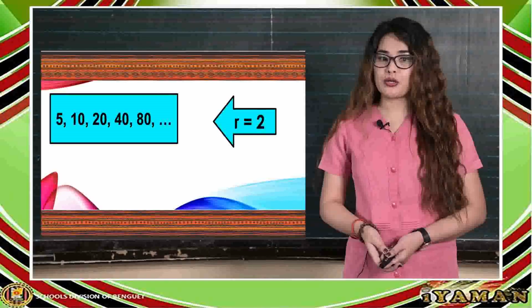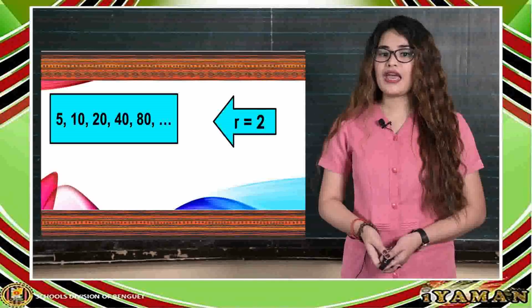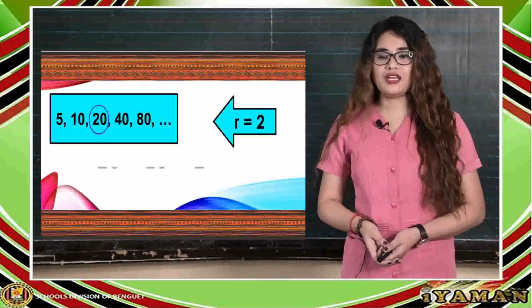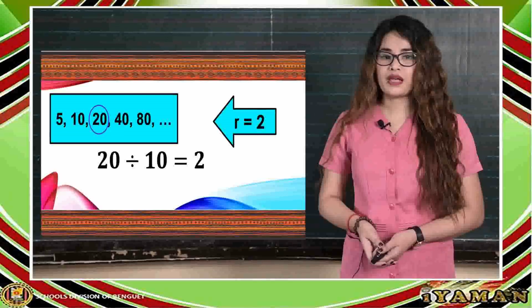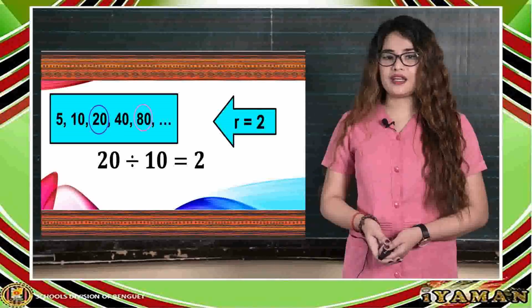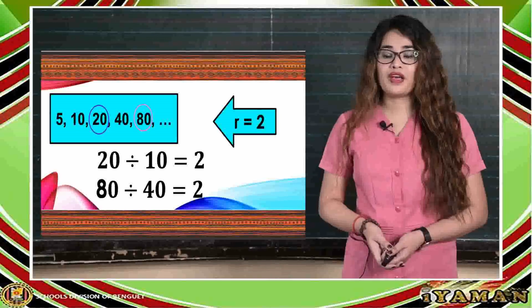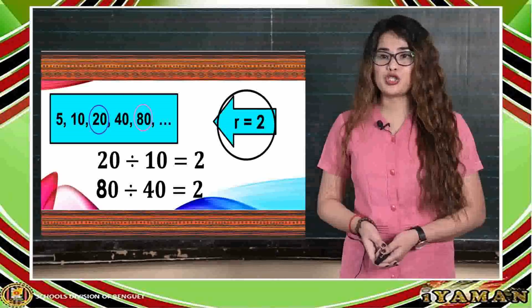Choose any term of the sequence, then divide it by the previous term. Example, for this sequence, choose 20 divided by 10, that gives us 2. Again, choose 80 divided by 40 and that is equal to 2. Thus, the common ratio of this sequence is positive 2.